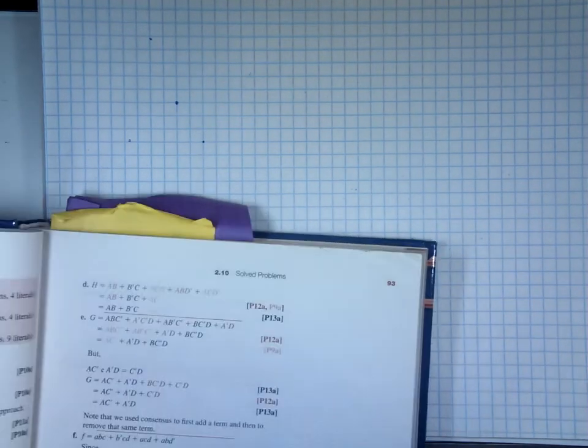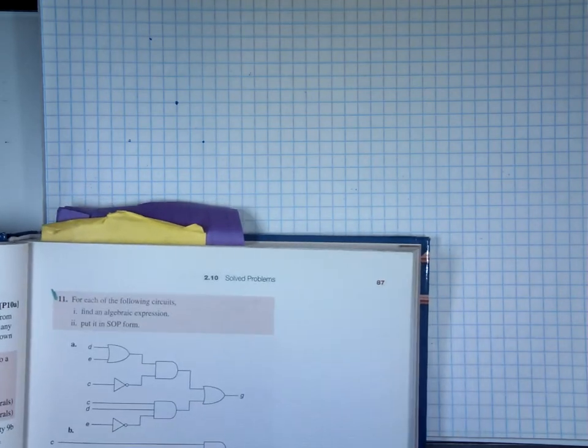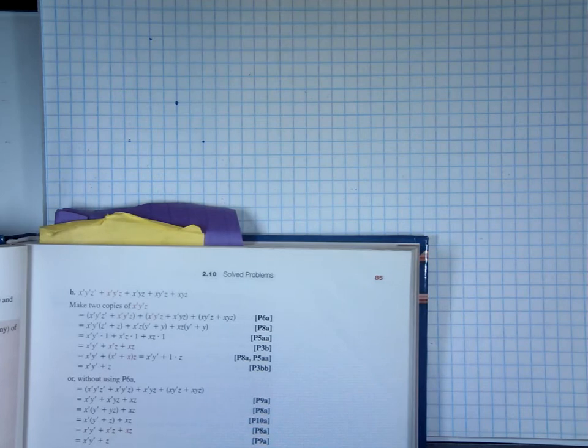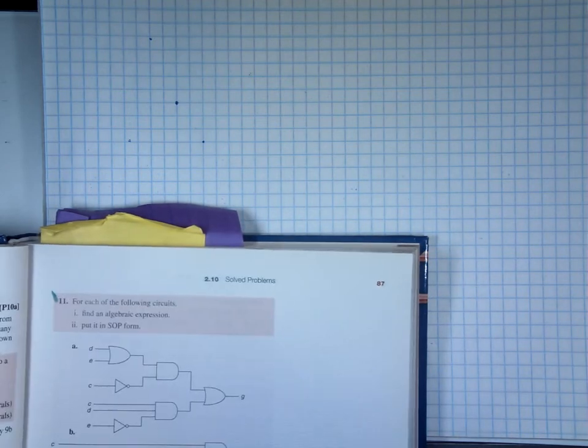Let me see if I can find a circuit. I don't know, I'll just take one. I don't want to take a huge one. A, B, C, D, E. That's not good. That's too many of them. A, B, D. That's 4.